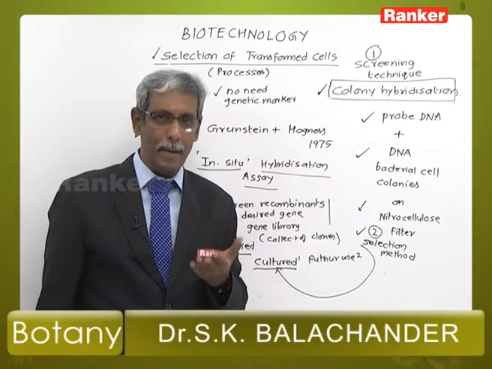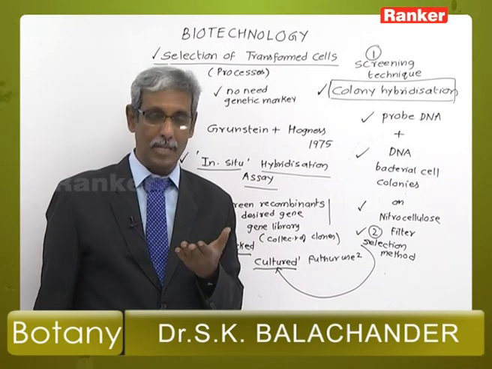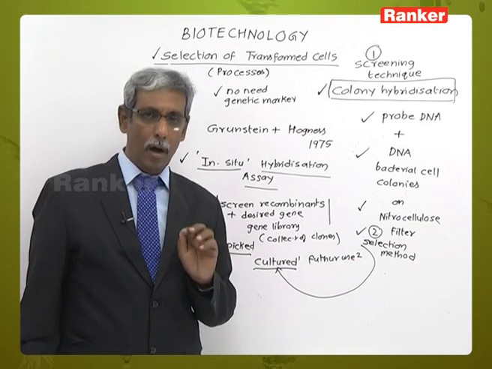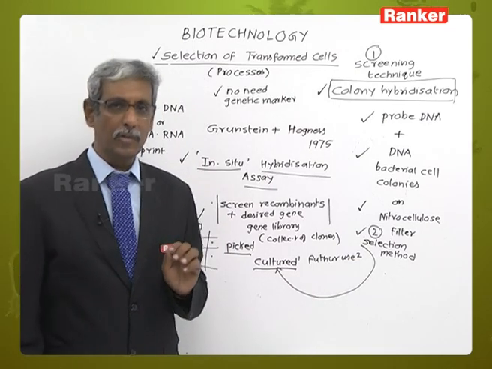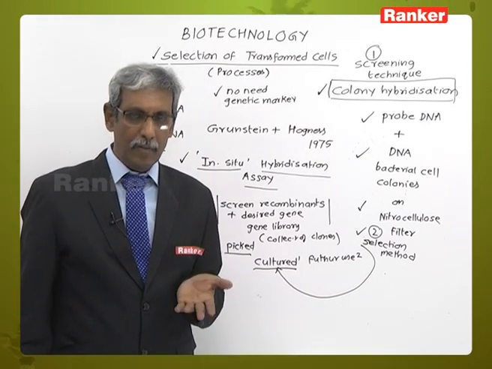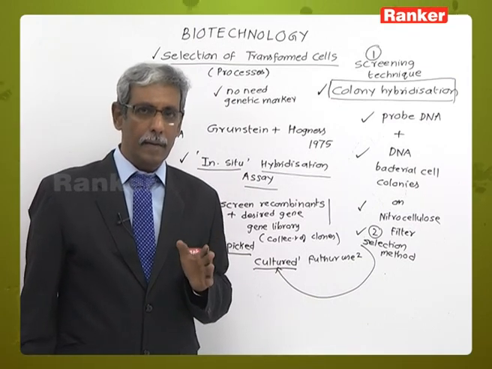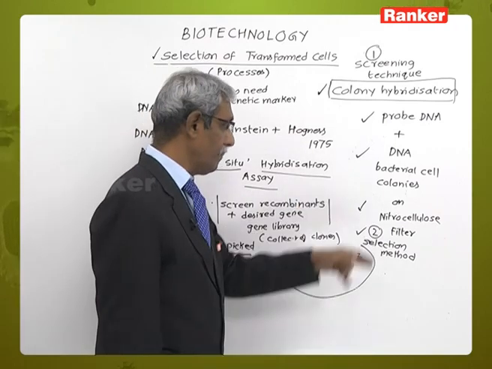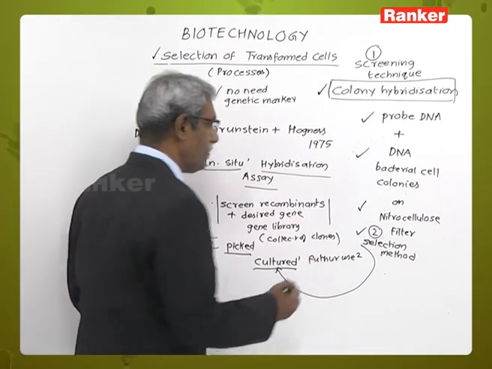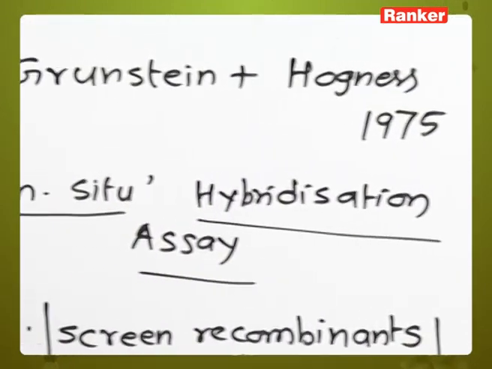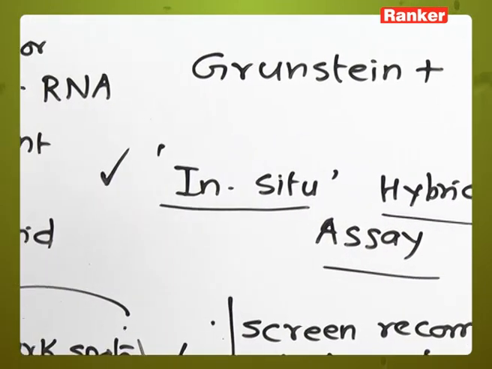When you say assay, it primarily means you are detecting how much. Quantitatively, you are looking at how much, by sending a probe, how is the annealing on a nitrocellulose filter, how does the DNA and the DNA join, or how does the DNA and the RNA join. So, we first pick up bacterial cell colonies. Later on, we look at DNA-DNA combinations or DNA-RNA combinations.